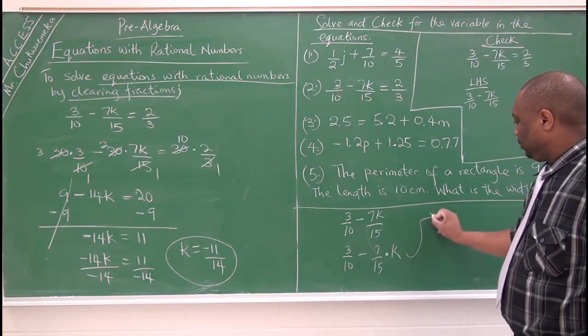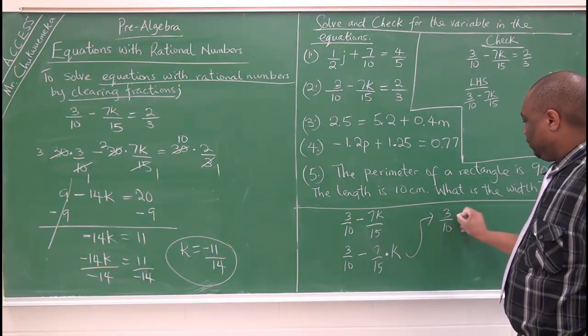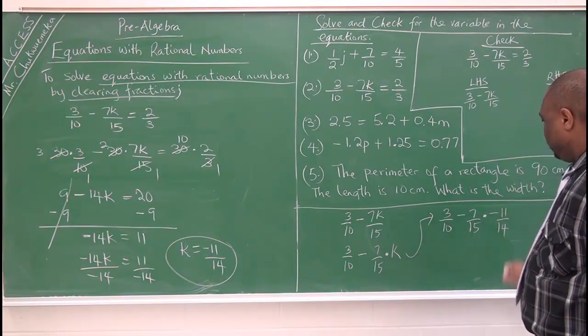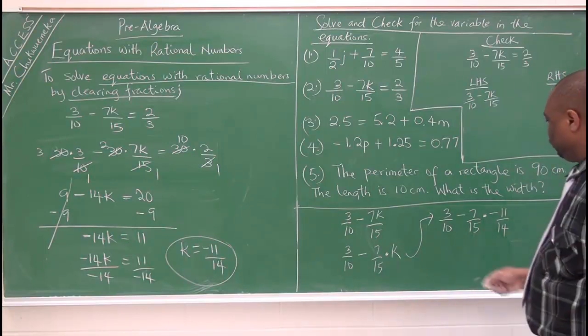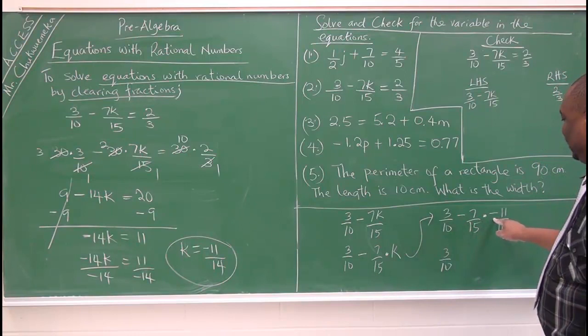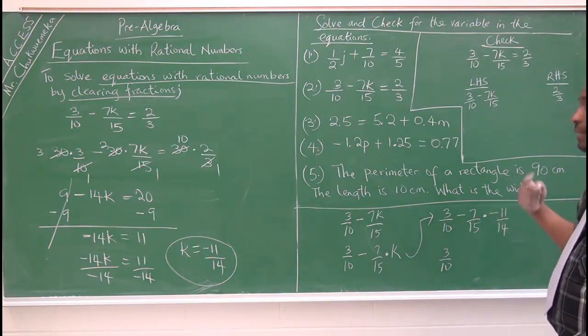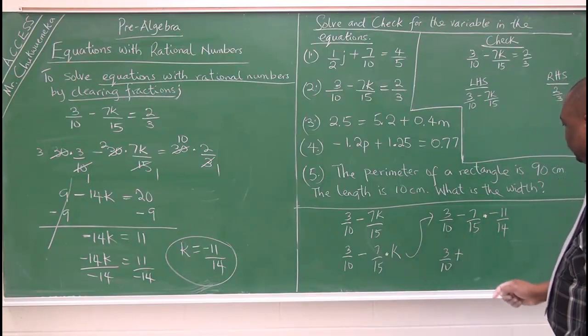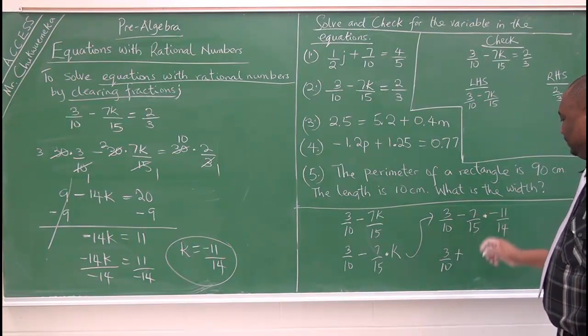So this will be 3 over 10 minus 7 over 15 times negative 11 over 14. So this will be 3 over 10, minus times negative, or negative times negative, or you say minus times minus. It means the same thing. It's plus.